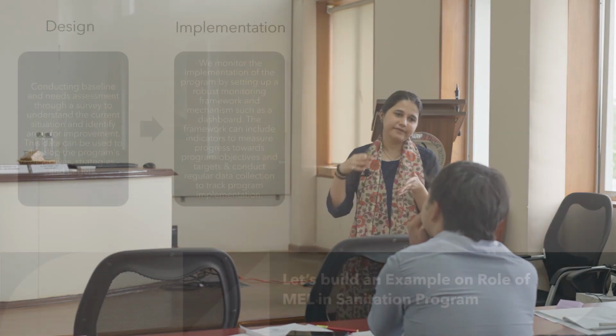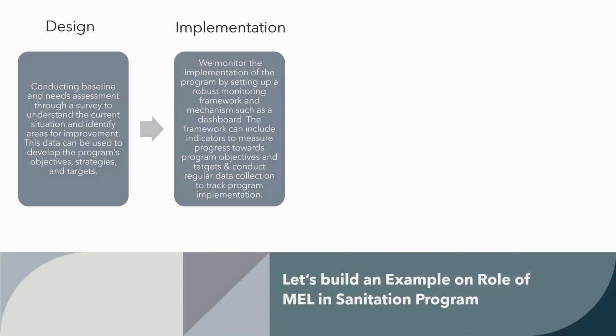Maybe I thought one toilet was 10,000, but it's taking me 15, so that's why fewer constructions are happening. That sort of aspect during implementation can help me track whether I'm on track, whether I am spending as I'm supposed to, whether I'm achieving what I'm supposed to, and whether I'm going in the wrong direction.